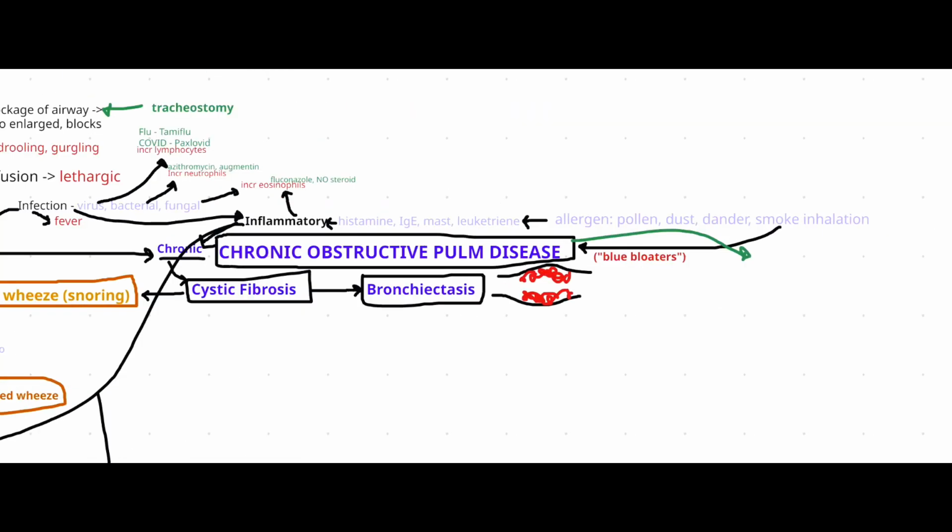Anticholinergic. That is going to be an inhaler or a nebulizer treatment. So this could be Atrovent, Ventolin, ipratropium bromide.